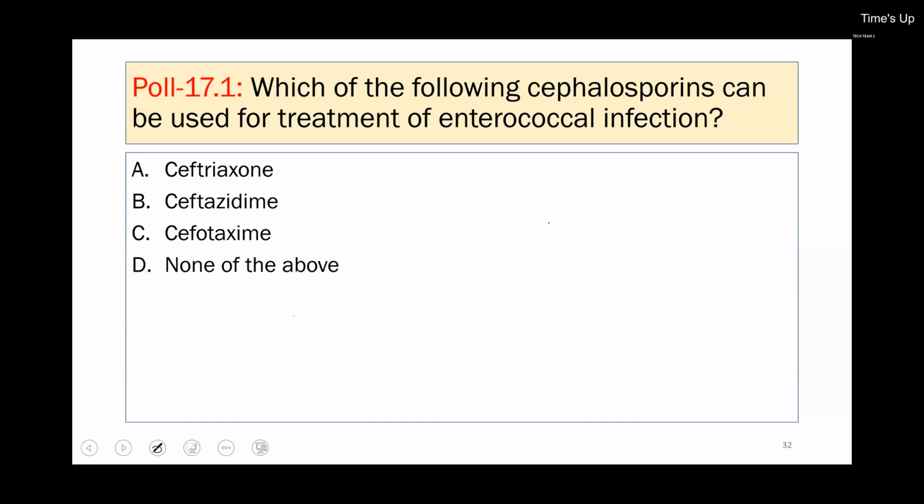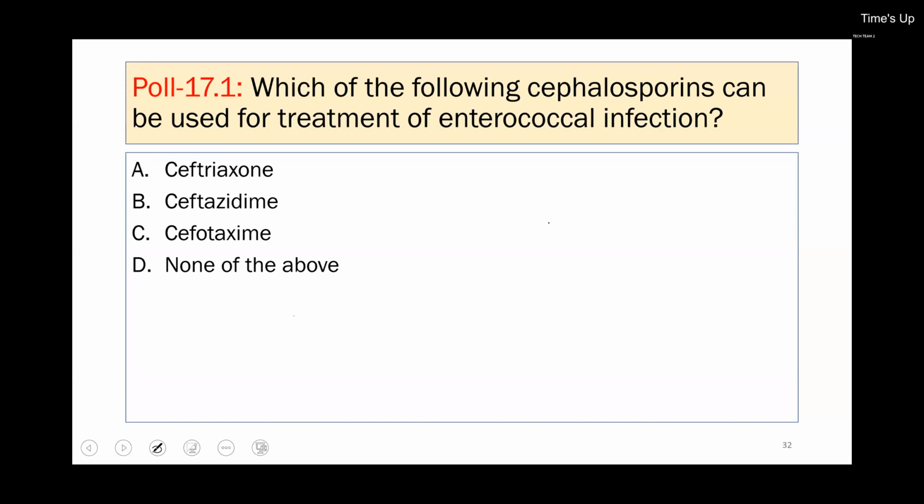The poll is going to end in some time. 25 seconds left. Time's up. Polling is closed.